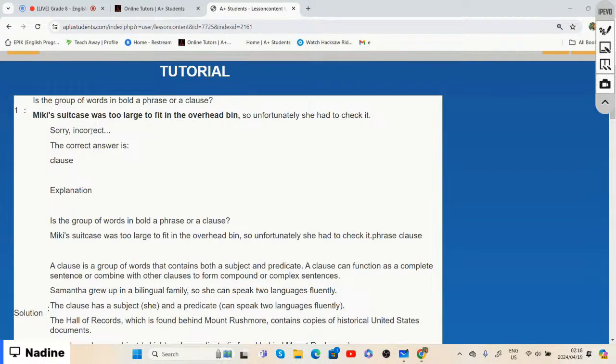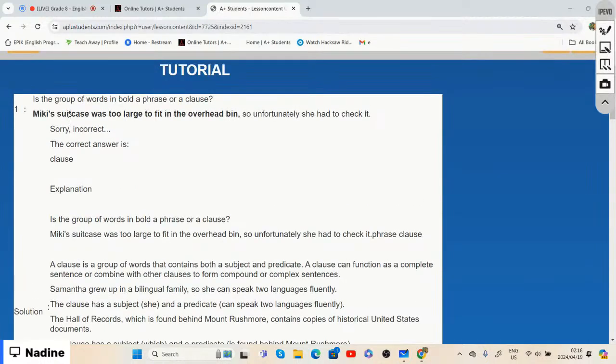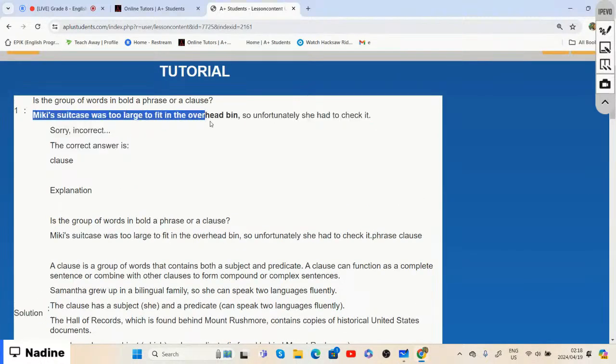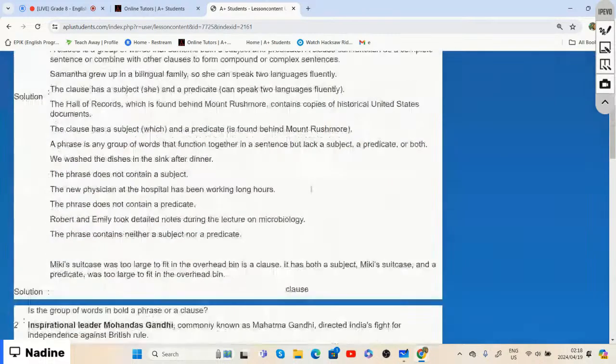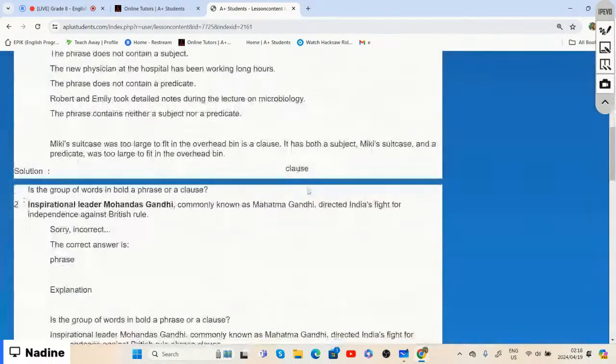So the part in bold is a clause, as it has both a subject, which is Mickey's suitcase, and a predicate, which is was too large to fit in the overhead bin.